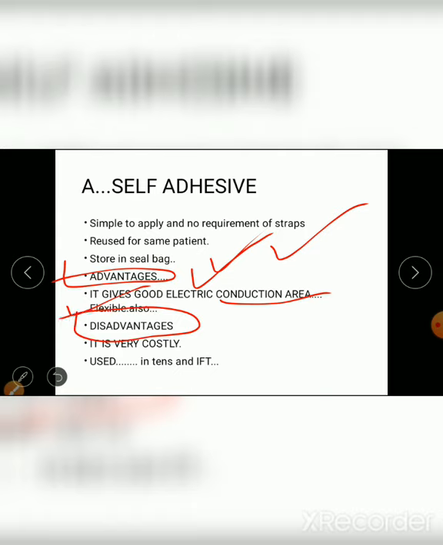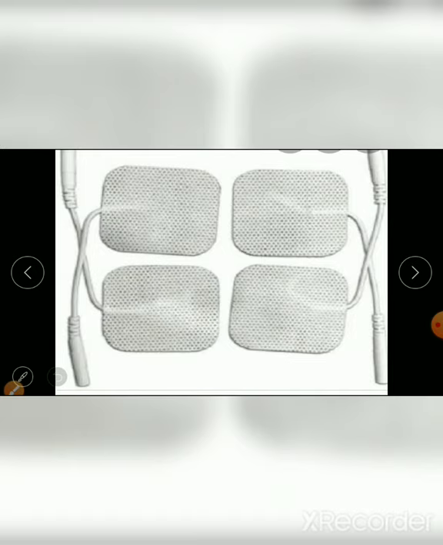The disadvantages: it is very costly. It is used in TENS and IFT modality. IFT means interferential therapy. This is a diagram of the self-adhesive electrode, which is applied directly on the patient's skin. There is no need of a strap for the correct position of the electrode.